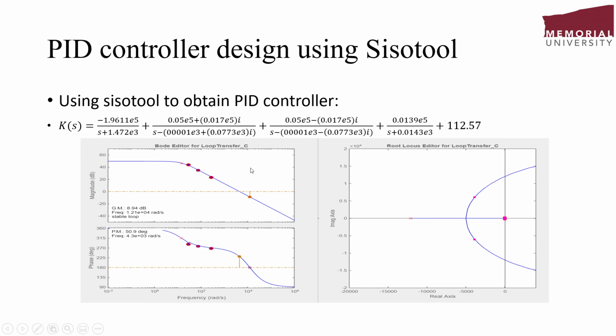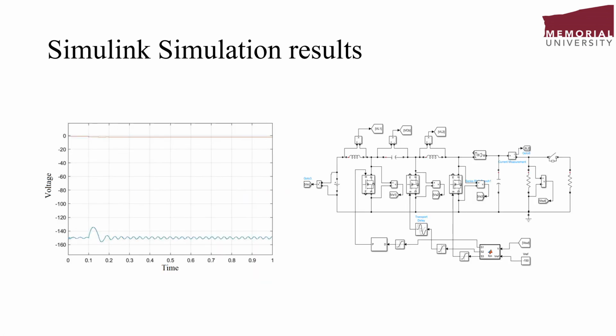By using this technique, trying to stabilize the converter and designing the PID controller, we have the transfer function of the PID controller, designed and obtained by using the SISO tool in MATLAB. As you can see here, the gain margin and phase margin are in an acceptable range, and that means it's okay.